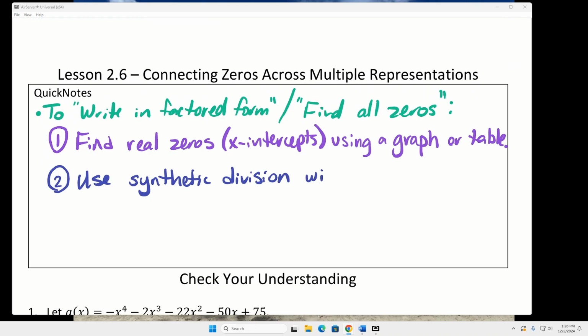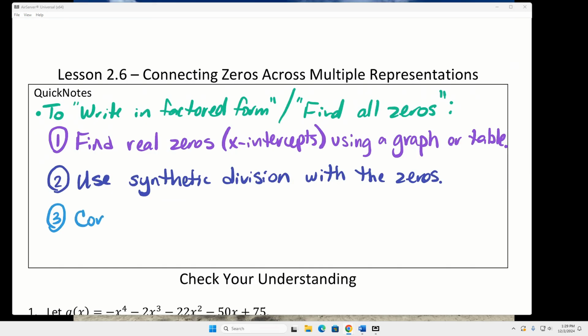With the zeros. And then depending on if they're real or imaginary zeros, you can do one of three different things.